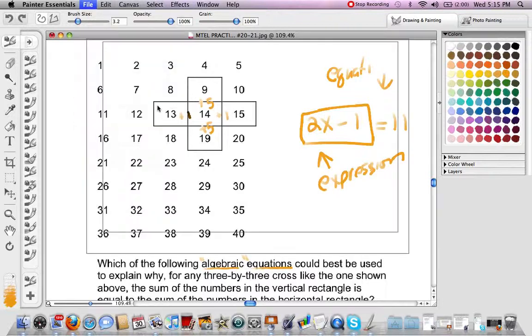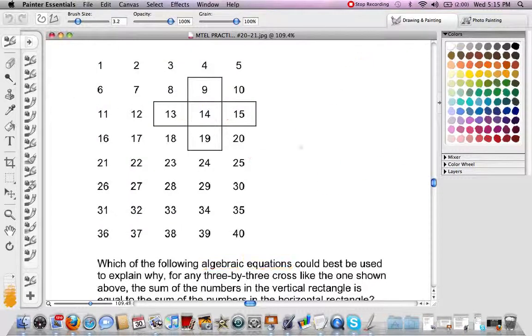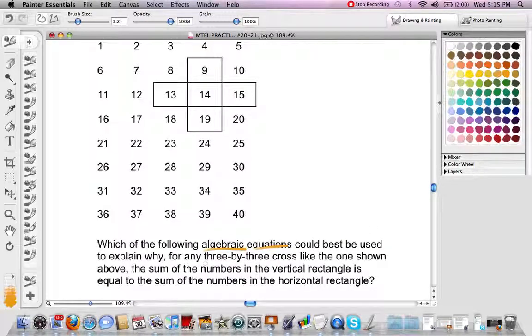Let's go back to the problem. Alright, starting fresh. So we're looking for an algebraic expression that can explain or represent how the sum of these digits here is equal to the sum of these digits here.